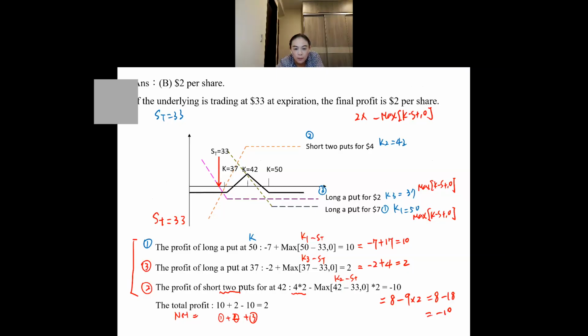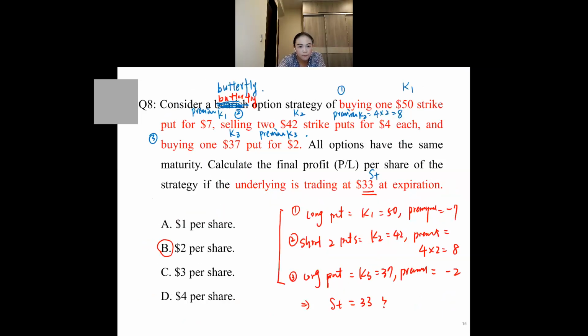And then the third strategy, you long a put at 37, so -2 plus 37 minus 33, you earn $4, -2, you earn $2. So total profit, 1 plus 2 plus 3, would be 10, plus 2, minus 10, so the answer is $2. Okay, so going back to all the choices, $2 per share, the answer would be B. You make a profit of $2 per share. Answer is B.